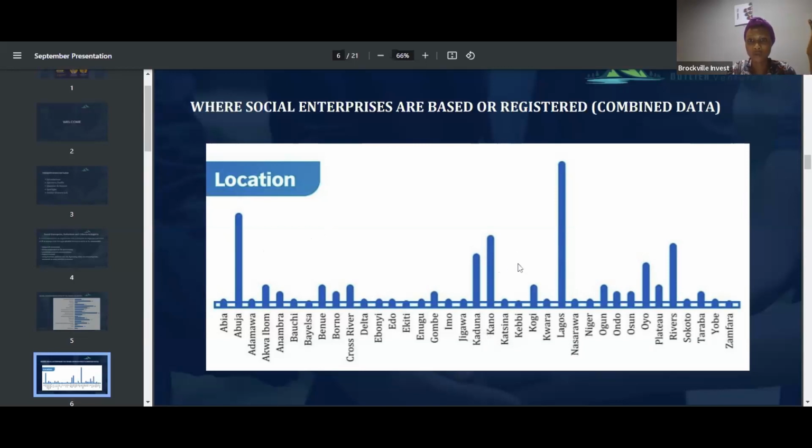The reason they have their offices in these cities is that they are very close to investors. The materials needed are all located in the city, but where the activities are carried out is mostly in the rural environment. That means social enterprise entails both rural environments and urban areas.